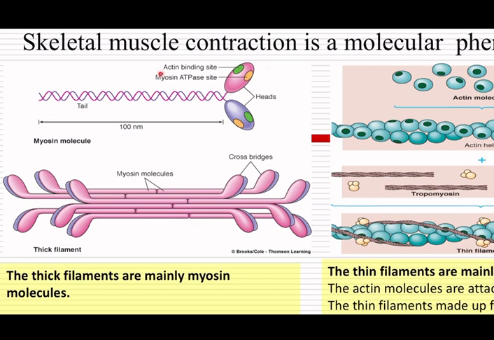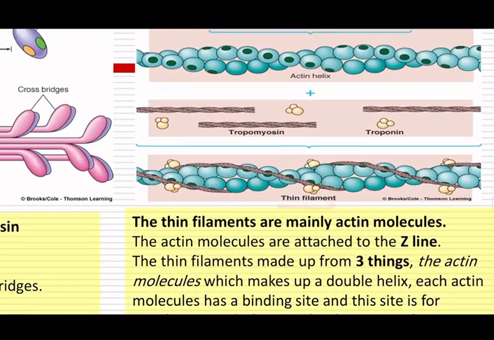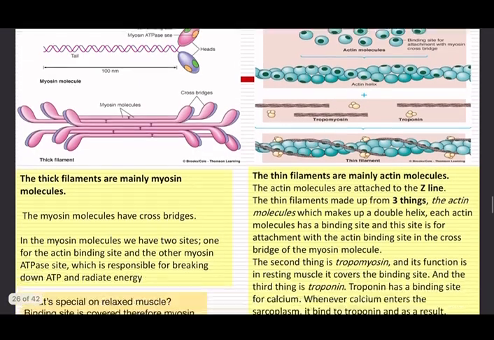The head has an actin binding site for the actin molecule to bind, and myosin ATP sites to cleave the ATP. And here, when you look at the thin filaments of the actin, you would see it consists of the actin at first, and tropomyosin, which is the brown line, and the troponin as a third part of the whole actin molecule.